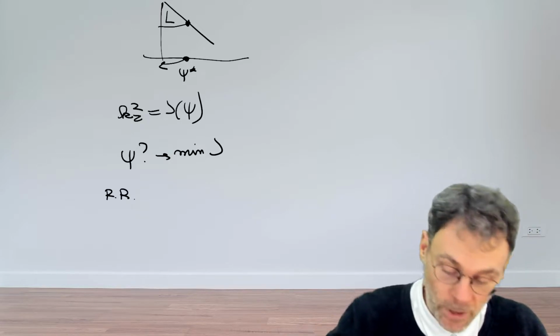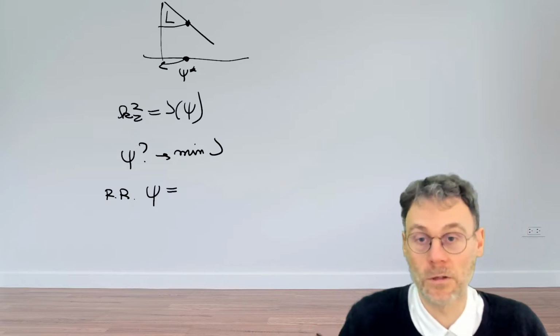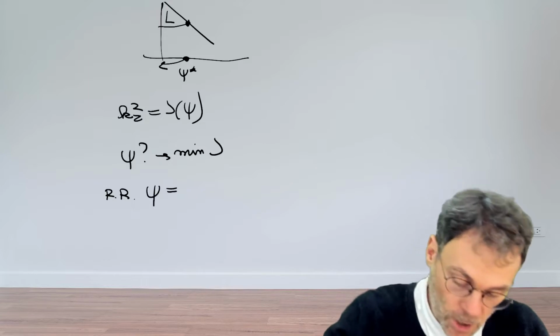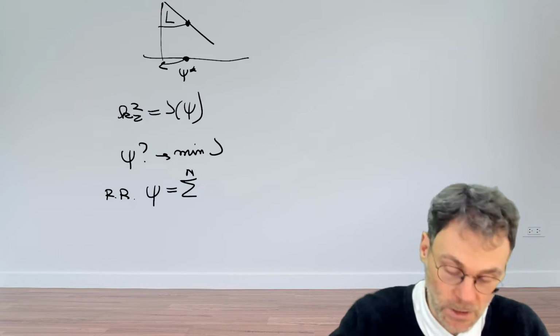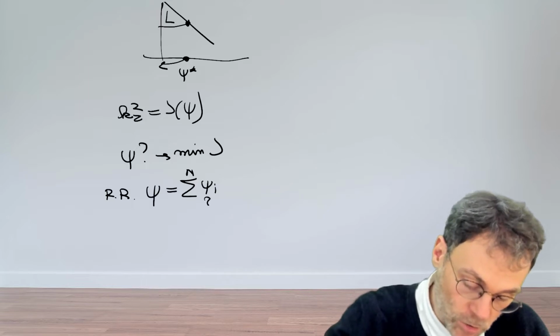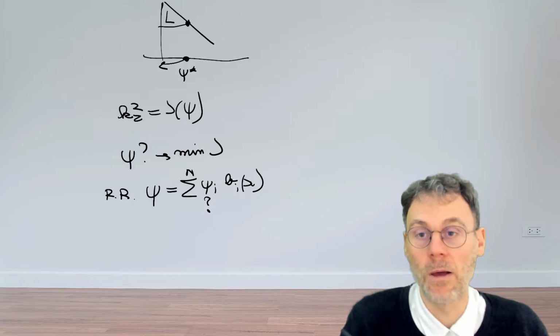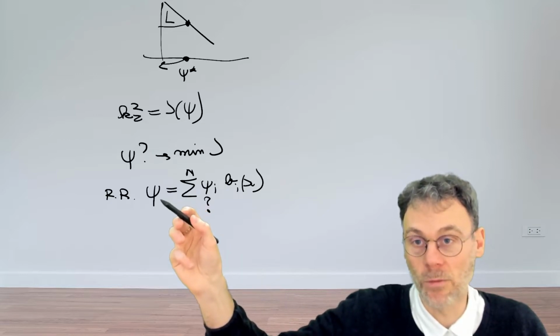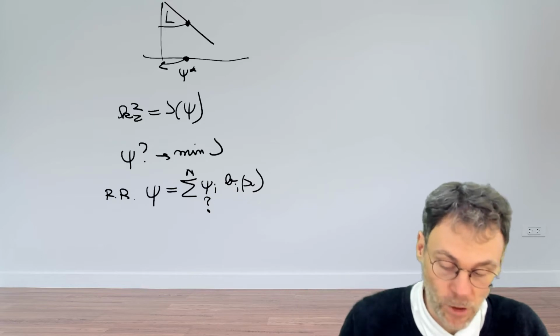In the Rayleigh-Ritz method, we're going to say, rather than having this unknown function with an infinite number of degrees of freedom, we're going to approximate that with a finite expansion in basis functions. So we have a number of unknown quantities times known basis functions. But rather than looking at an infinite dimensional problem, now we're only looking at a finite number of unknowns.